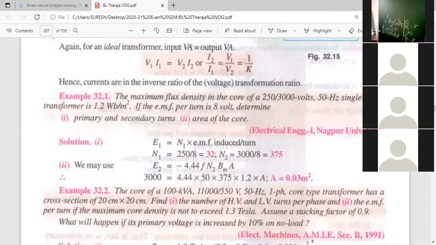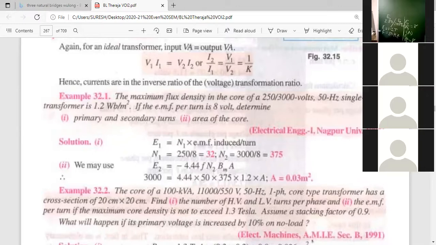Yes, sir. Okay. See, this is the given data in the problem. Primary voltage is 250, secondary voltage is 3000. The flux density he is giving is 1.2 Weber per meter square, that is Tesla. Frequency is 50.